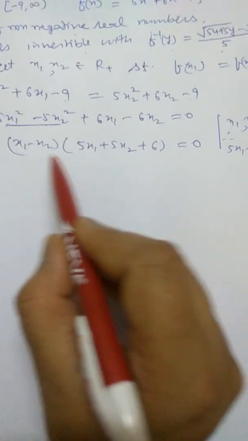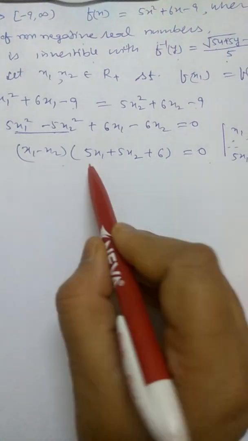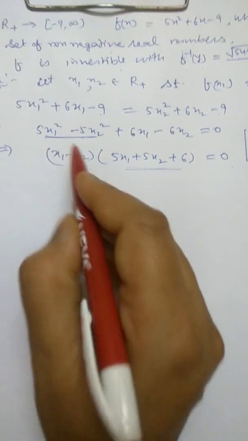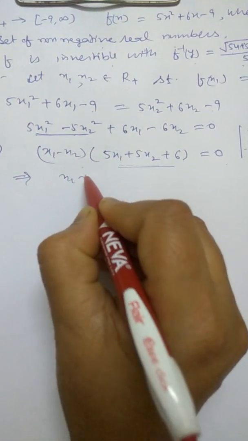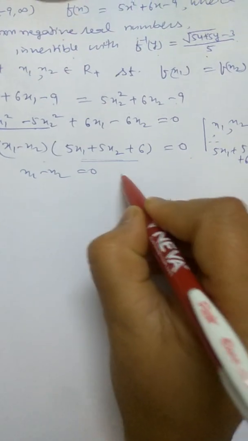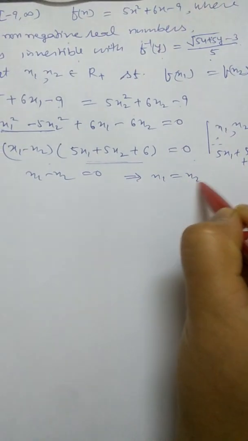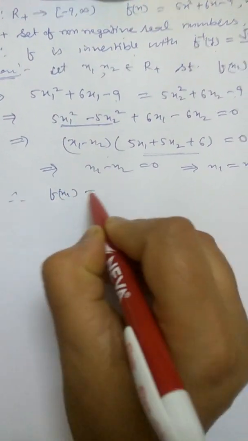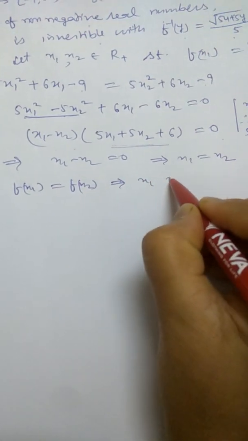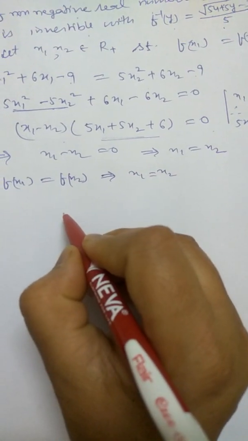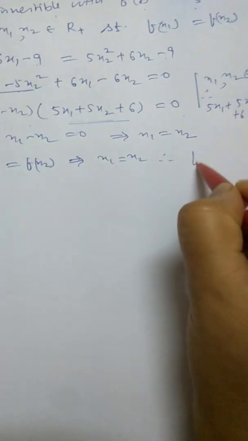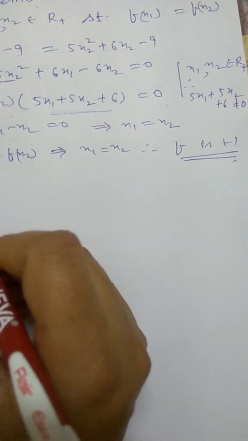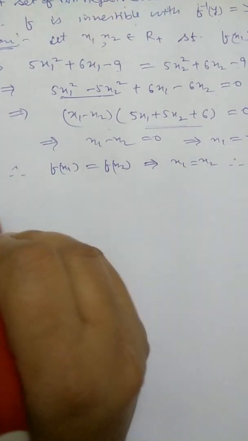Because the product of two terms is 0 and this term is not equal to 0, this implies x1 - x2 = 0, and this implies x1 = x2. Therefore f(x1) = f(x2) implies x1 = x2. It means f is one-one. Is it clear? And now to prove onto.